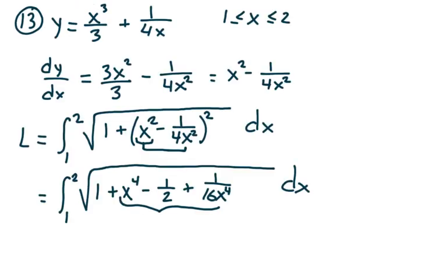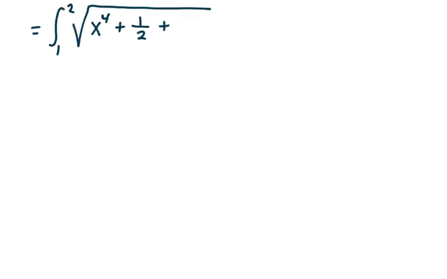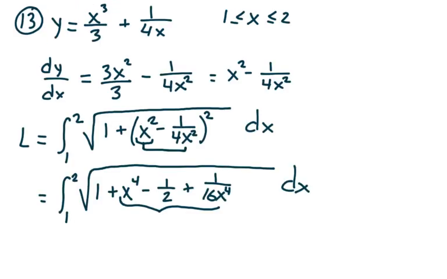And so this is the integral from 1 to 2 of the square root of x to the 4th plus 1/2 plus, right? 1 minus 1/2 is 1/2. And then we get 1 over 16x to the 4th. And we're going to integrate this with respect to x. But I want you to notice the difference between the last three terms here, right?